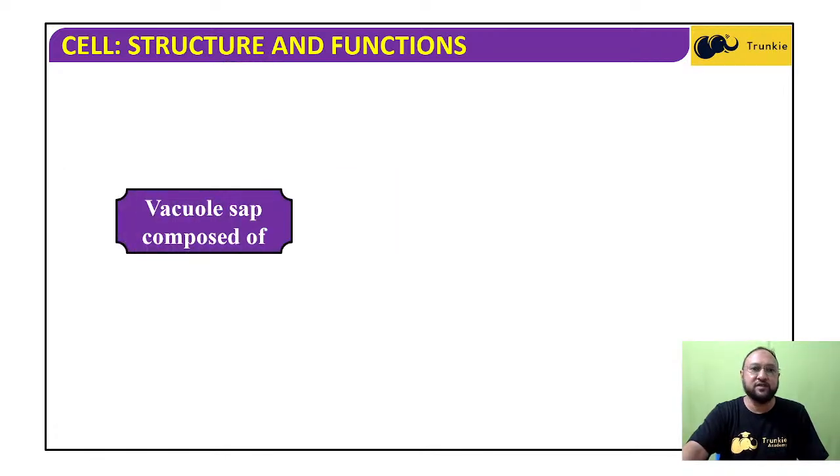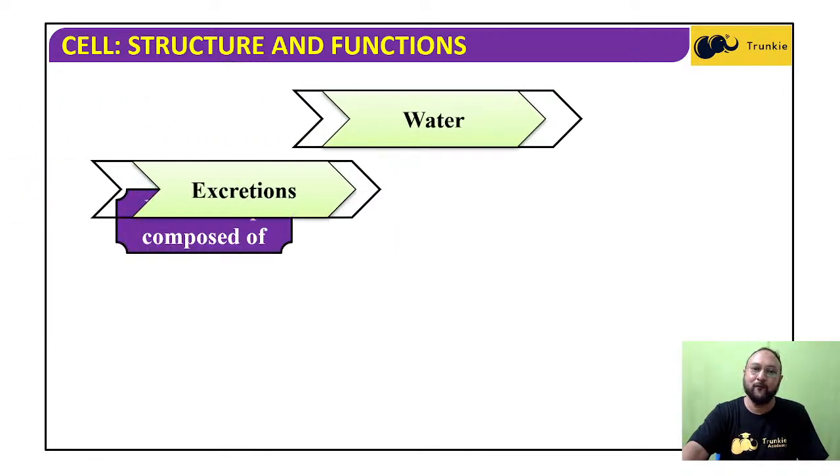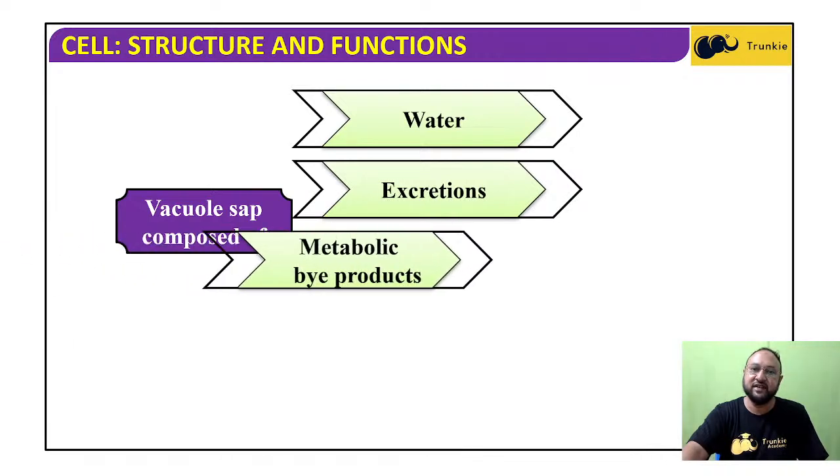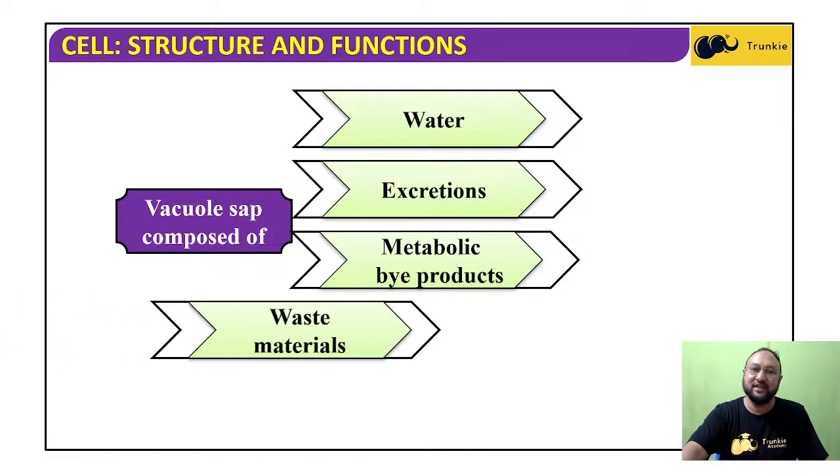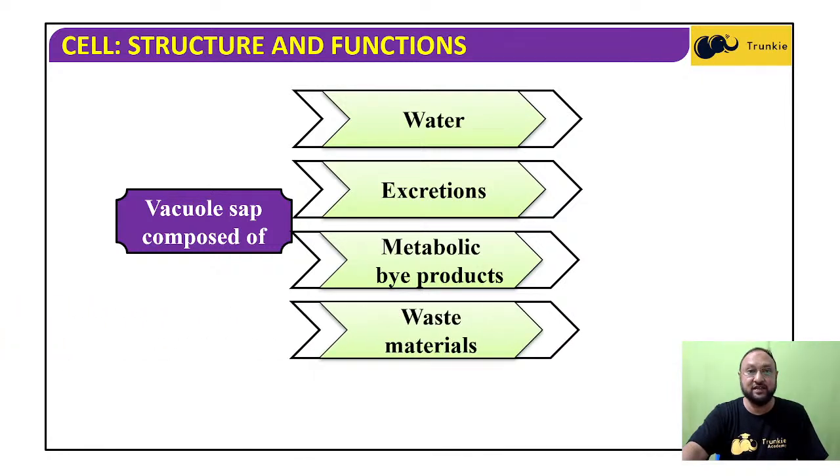Vacuole sap is composed of water, excretions or excretory products, metabolic byproducts, and waste materials.